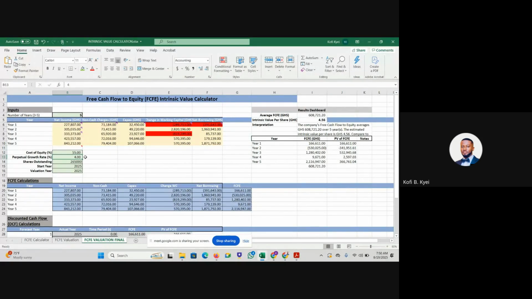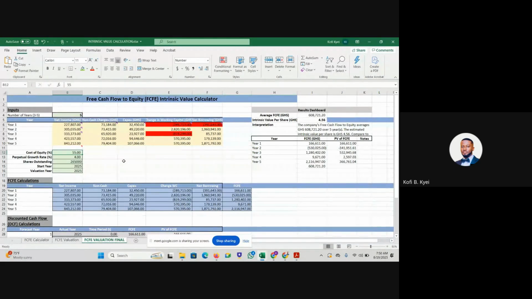All right, so once the cost of equity goes up, it suppresses the intrinsic value. It means that you have to put in more. Once the cost of equity is so high, it doesn't bode well for business. So even though you'll be expecting more, it suppresses the intrinsic value.